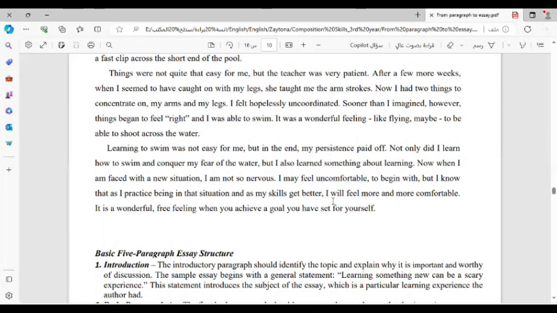So we say comfortable and uncomfortable to begin with, but I know that as I practice being in that situation and as my skills get better, I will feel more and more comfortable. It is a wonderful free feeling when you achieve a goal you have set for yourself. What is the meaning of set?